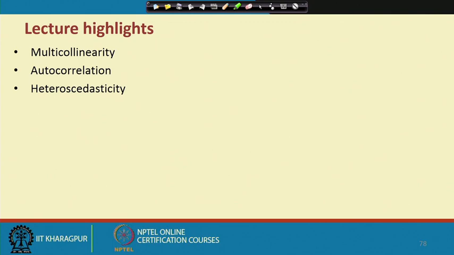So far as diagnostics are concerned, we have many things we are supposed to check, and here we specifically focus on three things: the multicollinearity issue, the autocorrelation issue and the heteroscedasticity issue. While multicollinearity is a multivariate problem, autocorrelation and heteroscedasticity can be a bivariate problem and can also be a multivariate problem.